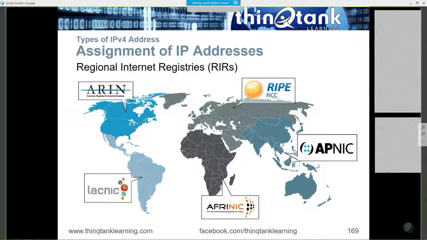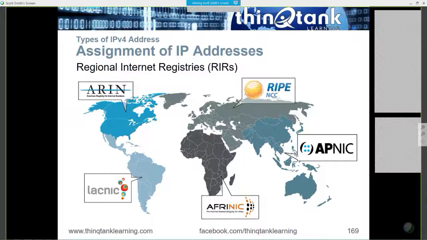But the regional internet registries are the guys responsible for handing out addresses in their respective region. None of these guys have any V4 address space left. That was gone in 2013. So you can only get V4 space from your service providers now. But these guys are still handing out IPv6 addresses. All right?